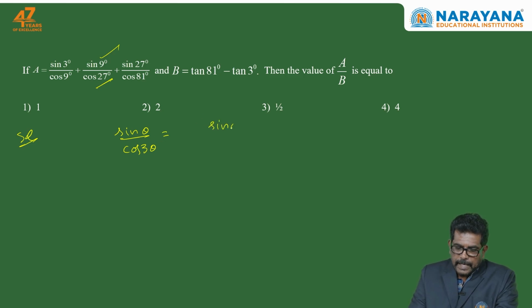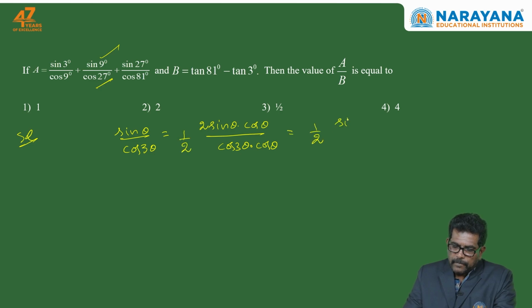Then this becomes sin theta into cos theta by cos 3 theta into cos theta. And you multiply the numerator with 2, divide with 2. Then this becomes 1 by 2 times of sin 2 theta upon cos 3 theta into cos theta.